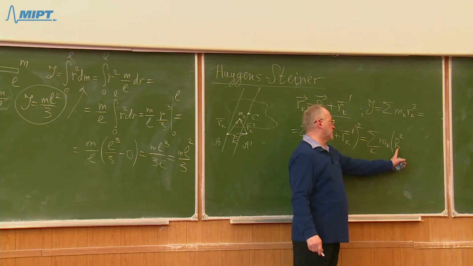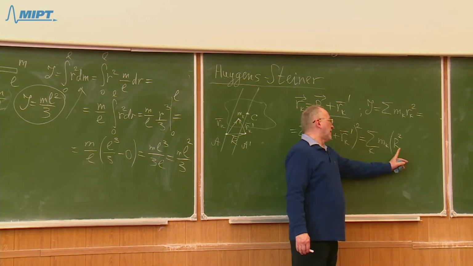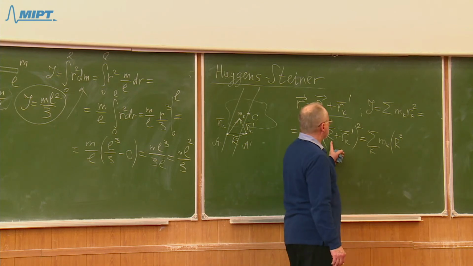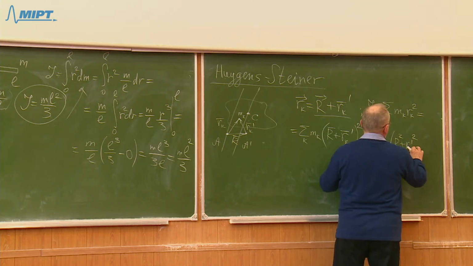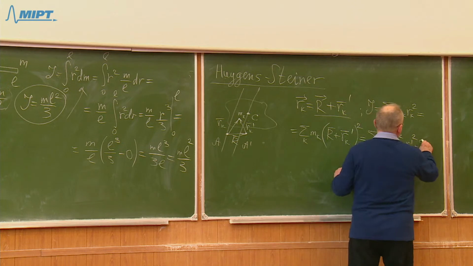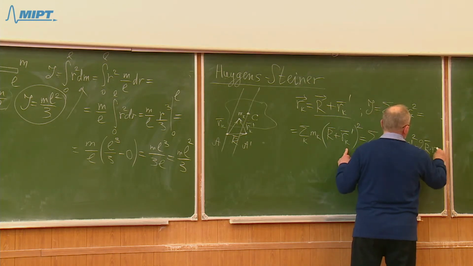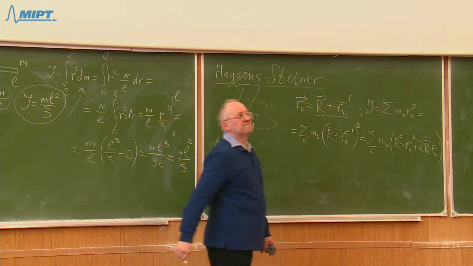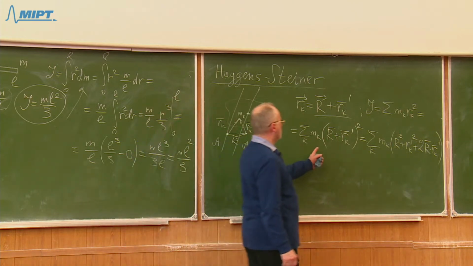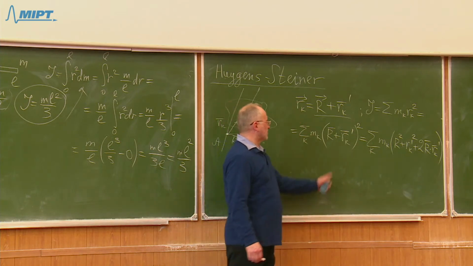I remind you this is a scalar product of vector R by itself, R times R, R squared, plus small rk prime squared, and plus two scalar products of vectors capital R and small r with index k prime. We just open the square of the sum of two terms.